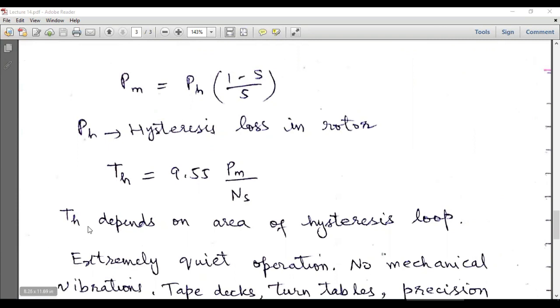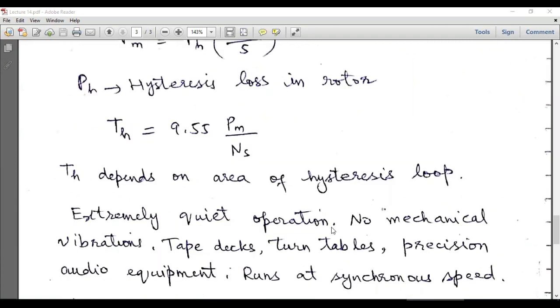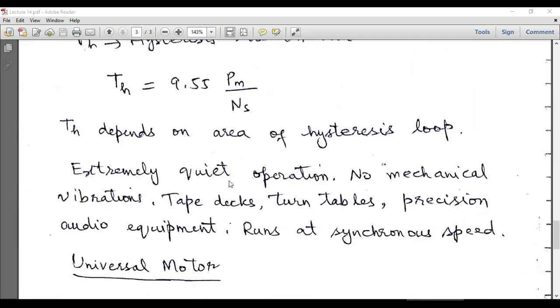The hysteresis torque depends on the area of the hysteresis loop, and it provides extremely quiet operation with no mechanical vibrations. Tape decks, turntables, and precision audio equipment are the applications where a hysteresis motor can be employed.